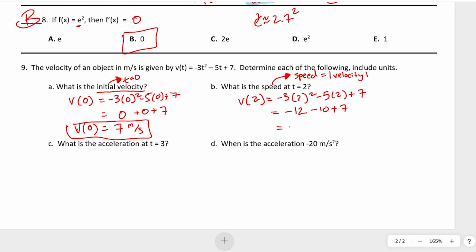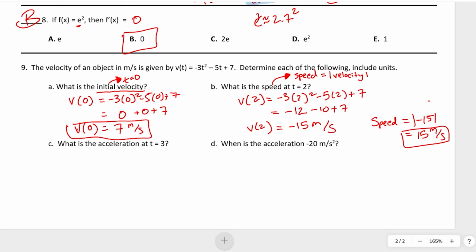Negative 3 and negative 12 is going to be negative 15. So negative 15 meters per second. Now, this right here is the velocity when time is 2. Speed is going to be the absolute value of velocity. So in this case, the speed is the absolute value of negative 15, which is 15 meters per second.